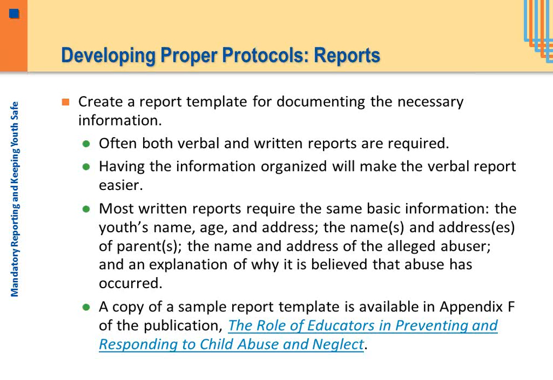Most written reports require the youth's name, age, address, names and contact information for the parents, and the alleged abuser, and an explanation of why one suspects or has knowledge of abuse. But there are other things that may have to go into that report.